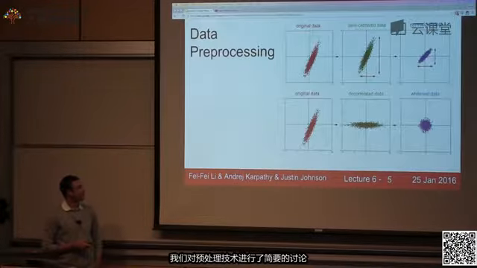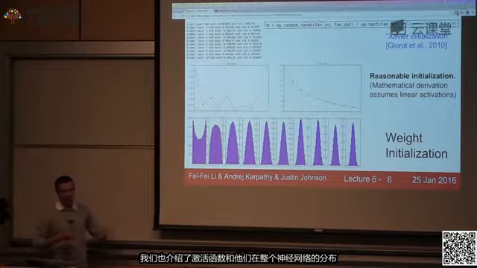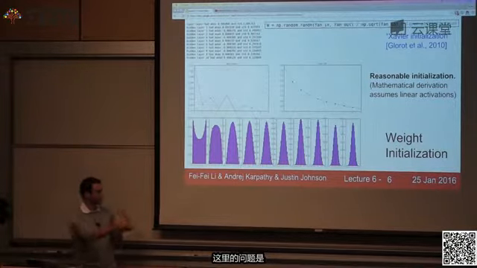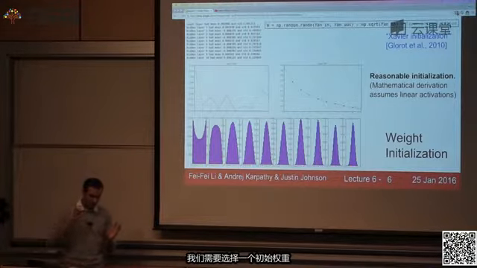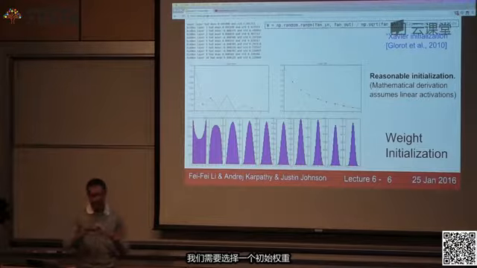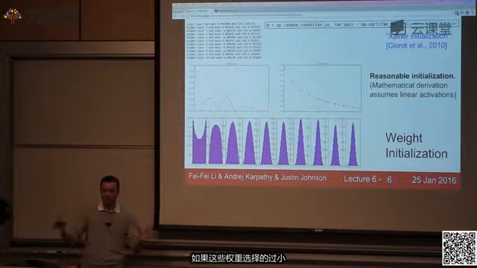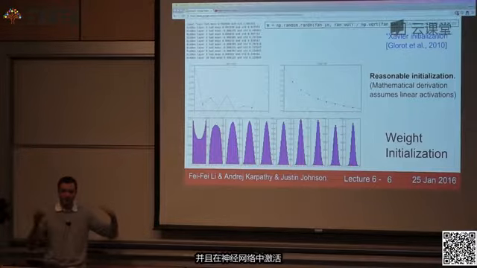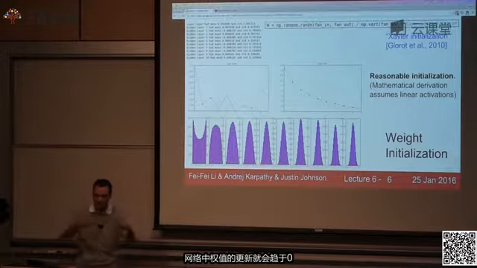We talked very briefly about data preprocessing techniques. We also looked at the activation functions and their distributions throughout the neural network. The problem here, as you recall, is that we have to choose an initialization for our weights, and in particular the scale of how large we want those weights to be in the beginning. We saw that if those weights are too small, then the activations in a deep network all go towards 0.